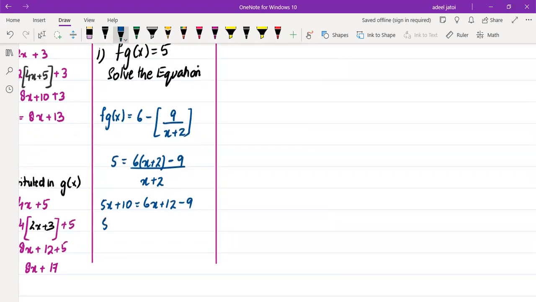So this should be 5x minus 6x, this should be 3 minus 10, which means minus x is equal to minus 7. Minus minus is cancelled. You're left with x is equal to 7.